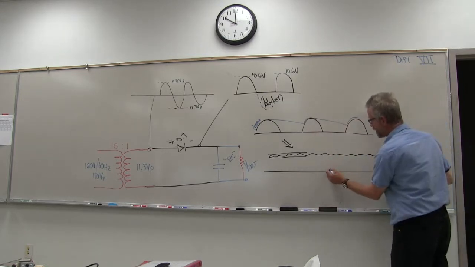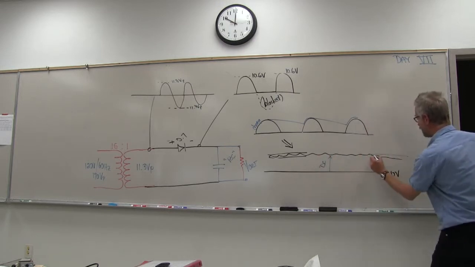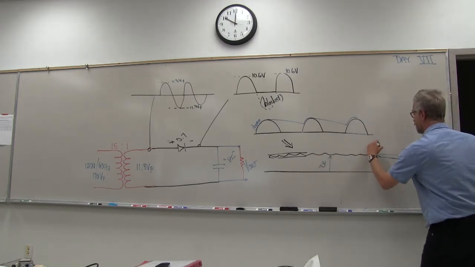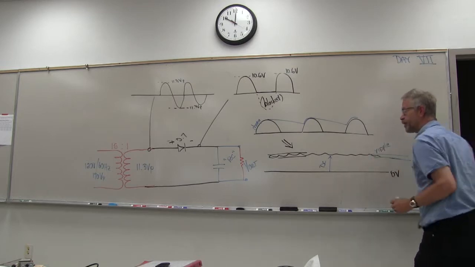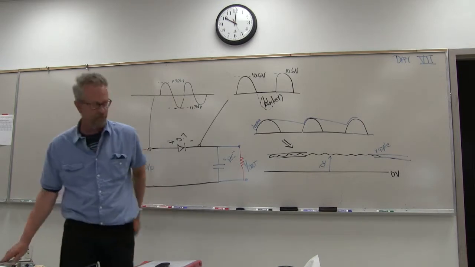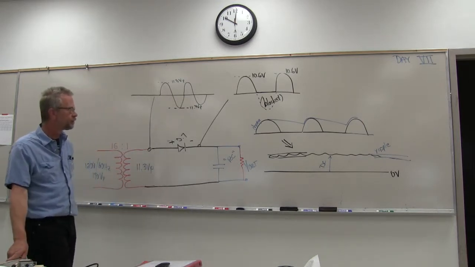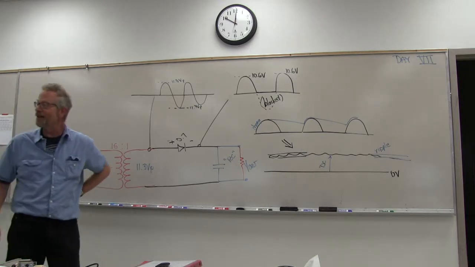That's going to give me a DC voltage and an error voltage, or a ripple voltage. And voila, I now have DC.